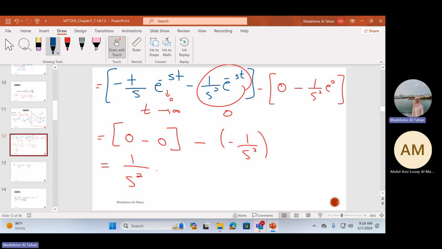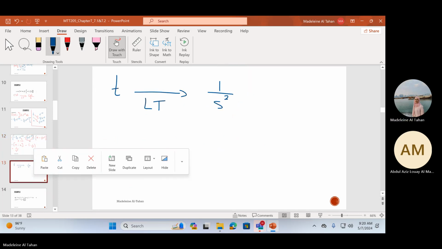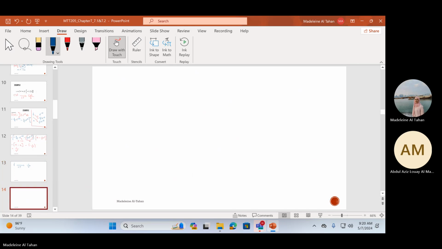Please find the Laplace transform of e power 3t. We can do it in two ways.